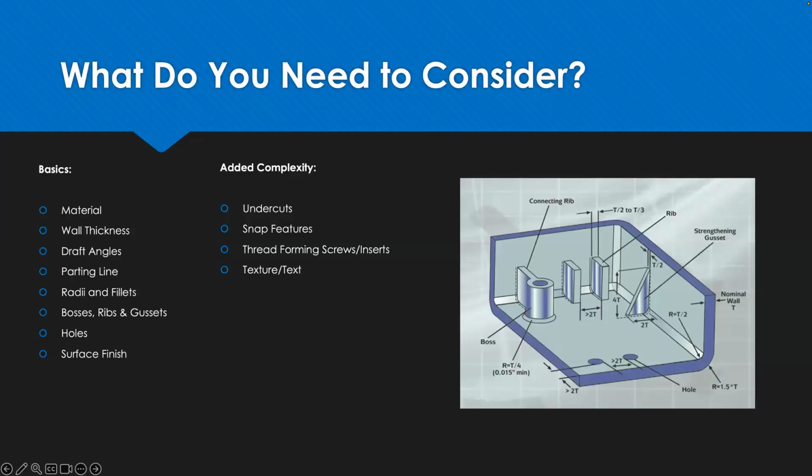If you have no way to get to the underside of something from the top face, that's going to be a very difficult feature to mold. It can be done depending on what it is, but there are also a lot of ways it can't be done depending on how you design it. So avoiding it altogether is typically recommended. Snap features, threads, texture and text are all possible, but just more advanced features.